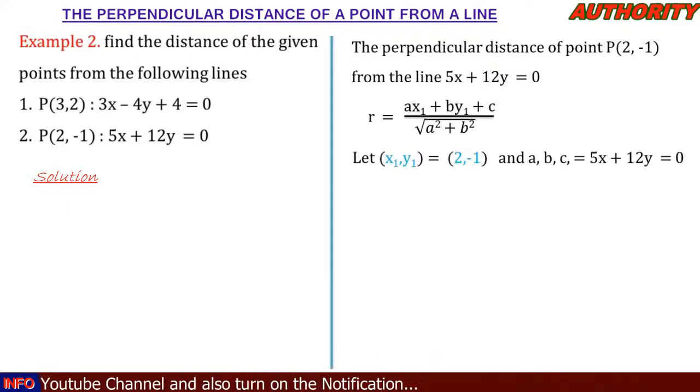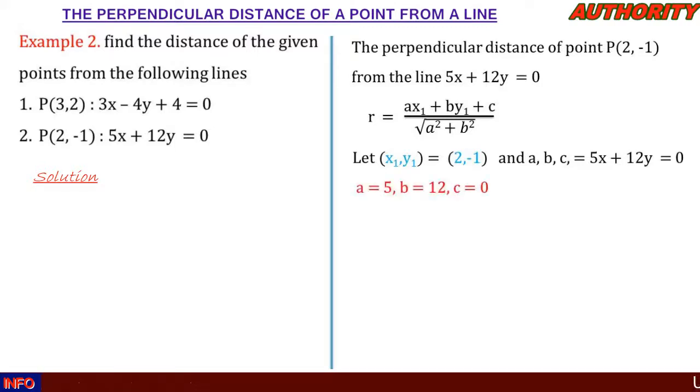So we say let x1, y1 come from 2, minus 1, which is our point. And then a, b, c come from the line 5x plus 12y equal to 0. So here we're going to have a is equal to 5, b is equal to 12, and c is equal to 0. Let's fit it into our formula.